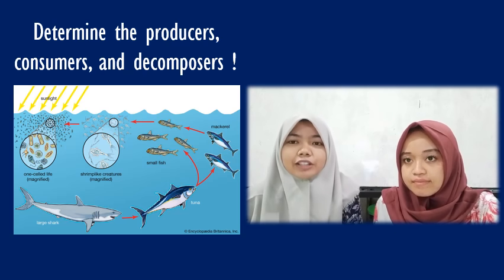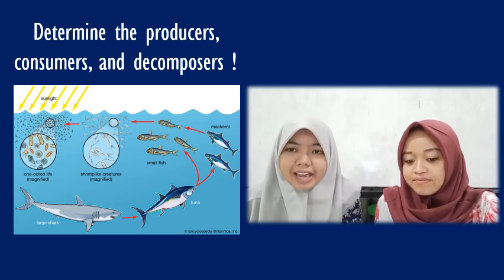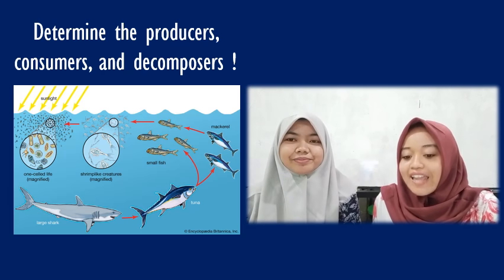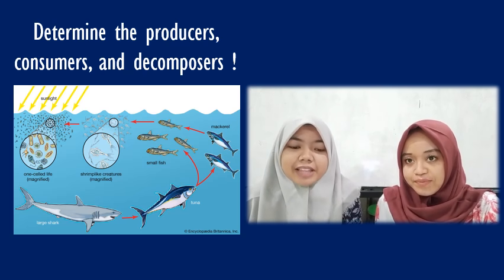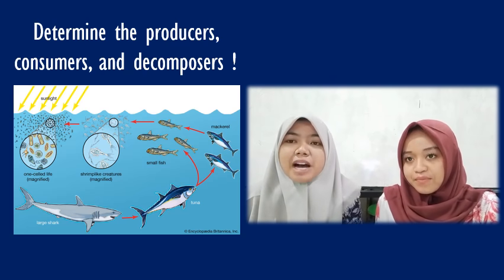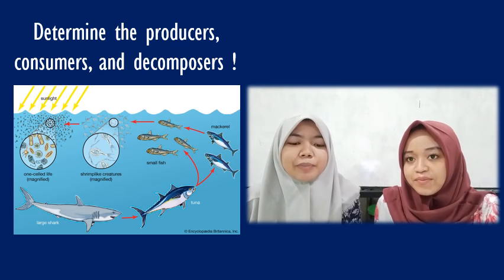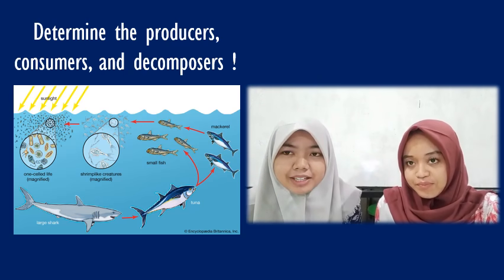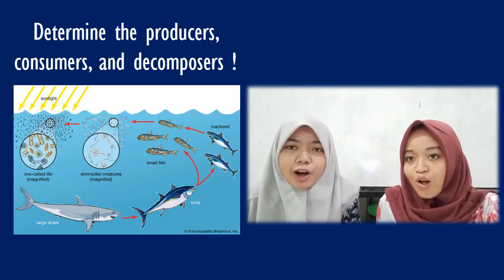We can call the small fish the second consumer because the small fish eats the shrimp-like creature. And the third consumer is the mackerel. Why do we call the mackerel the third consumer? Because the mackerel eats the small fish.